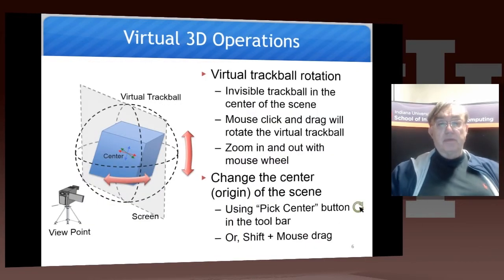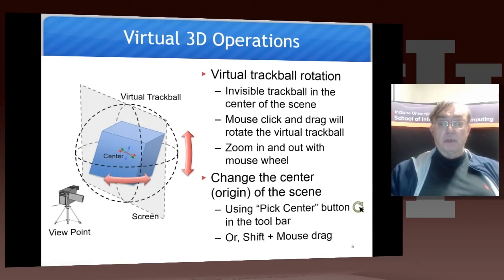So if you use Plotviz, you will find that most things of use can be done with the mouse. With the mouse, you can click and drag, and that will rotate the points.